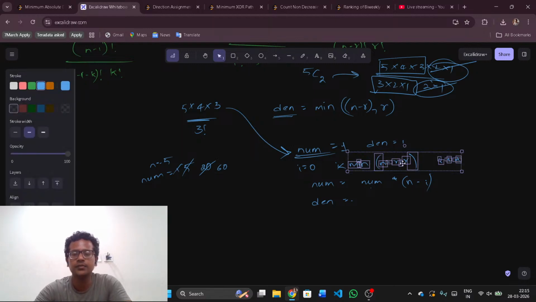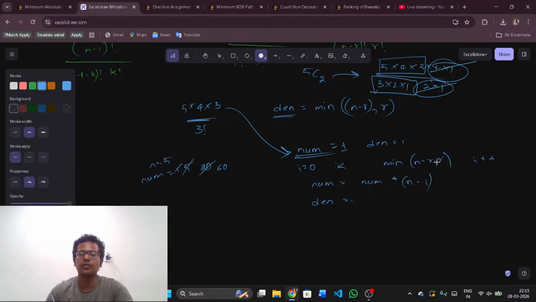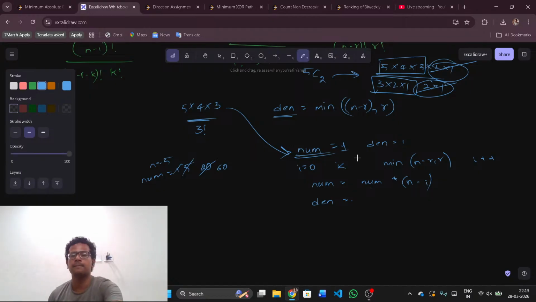I need to go n minus... I is less than n minus minimum of this, right? Now the denominator, I have 1. Let me just check what I have. I am just telling myself that I have 1. Let us stop here.